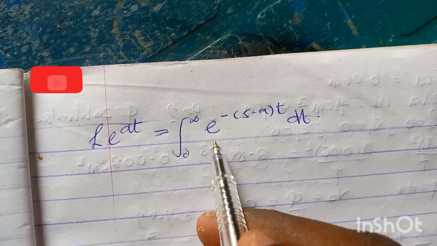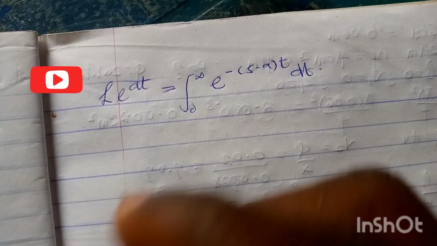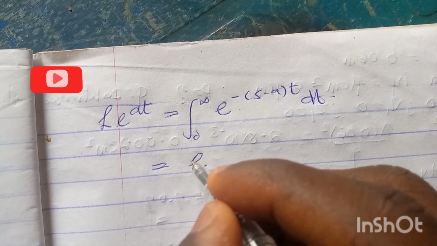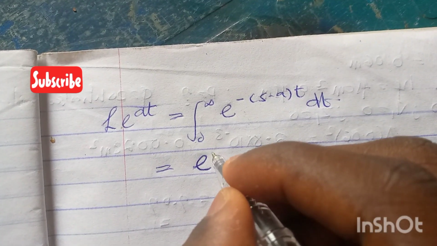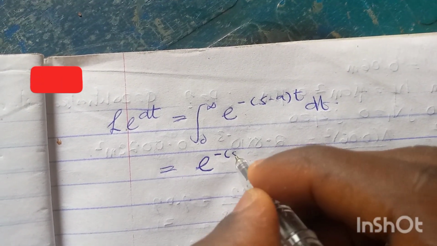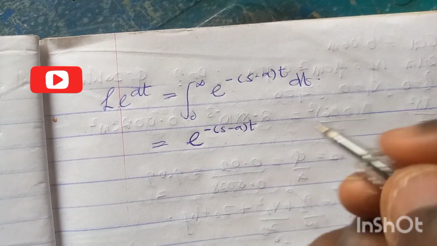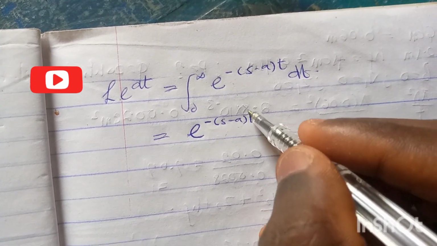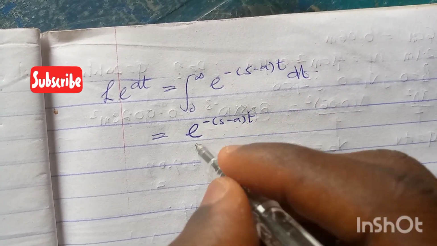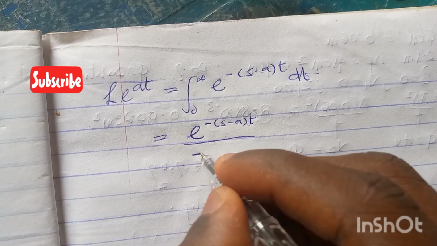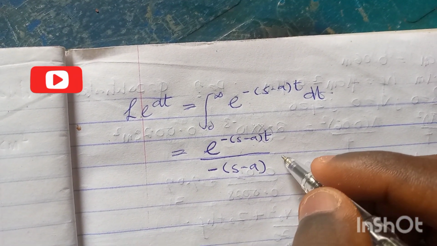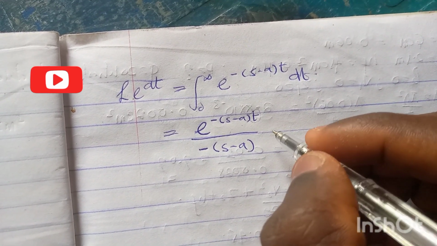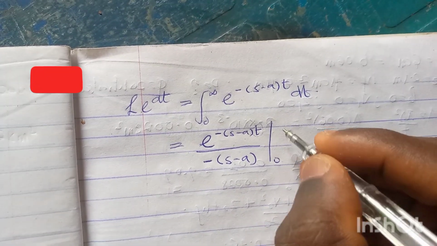Now if you are integrating this, the next thing will be exponential, the way we did the exponential, then write everything here again, minus (s minus a) t. Since we are dealing with respect to t, there's no need to put t at the bottom anymore. Definitely the answer will be minus, in bracket, s minus a. I hope you guys are getting it. Then your interval 0 to what?